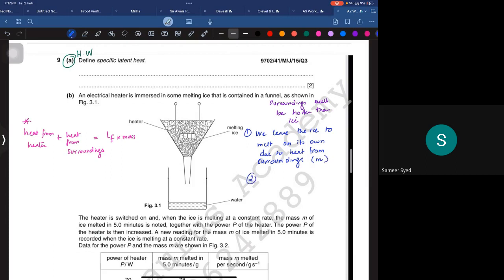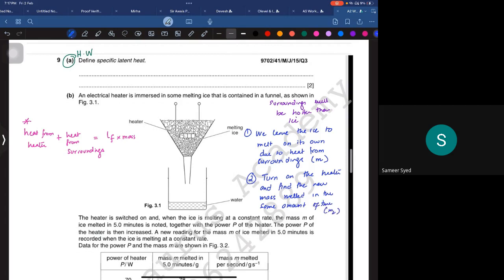Then, number two, you turn on the heater and find the new mass melted in the same amount of time. So let's call this M2.